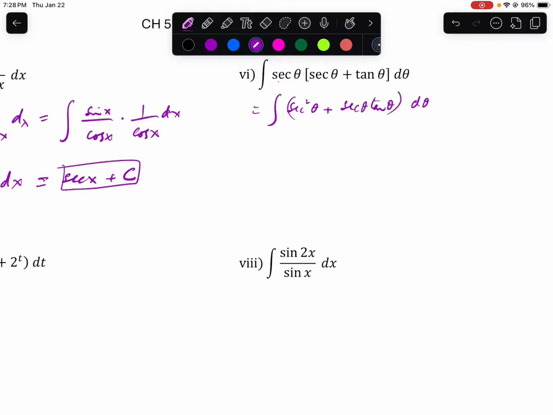Now if you separate them, you get the integral of secant square theta d theta plus the integral of secant theta times tangent theta d theta. The first one, secant square, is the derivative of tangent. So the antiderivative of secant square will be tangent of theta, and then plus, we just did that one. This is going to give us secant of theta plus c, and that's your answer.